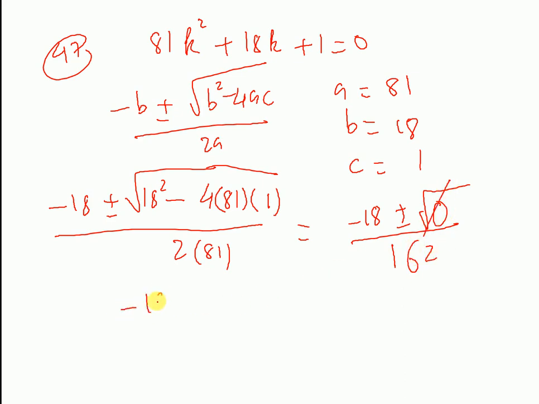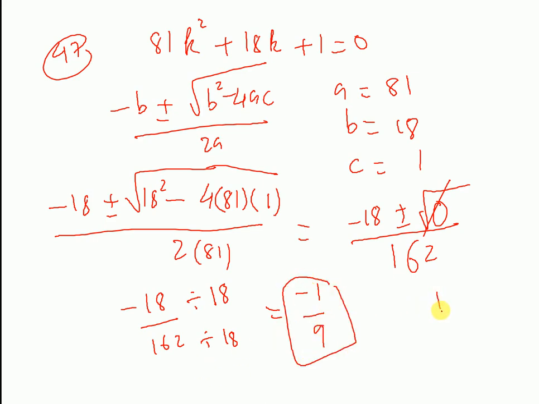We have minus 18 over 162, and let's try to simplify this further. I can divide both the top and the bottom by 18, because they have the common factor of 18. So on the top I have minus 1, on the bottom I have 9, or minus 1 over 9, which is B.